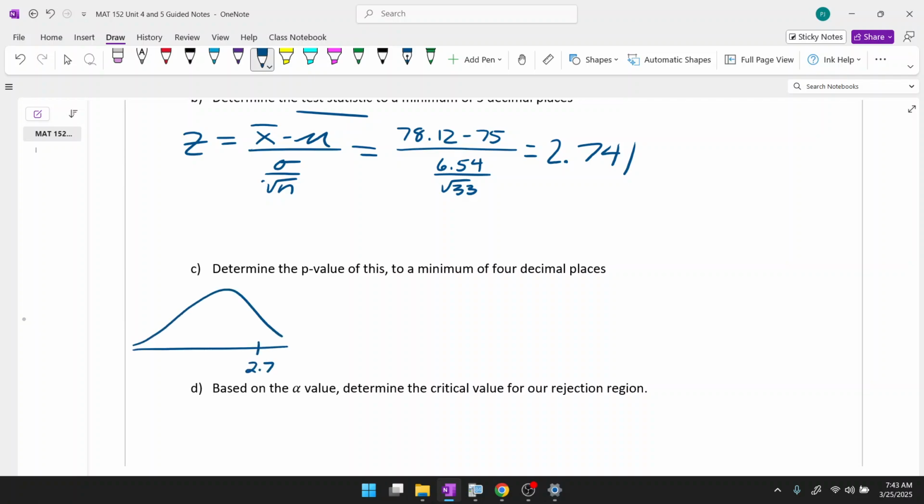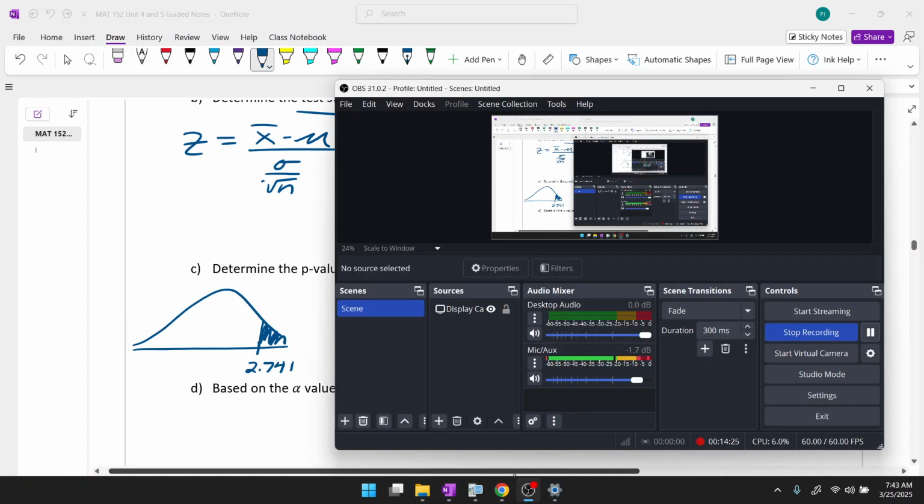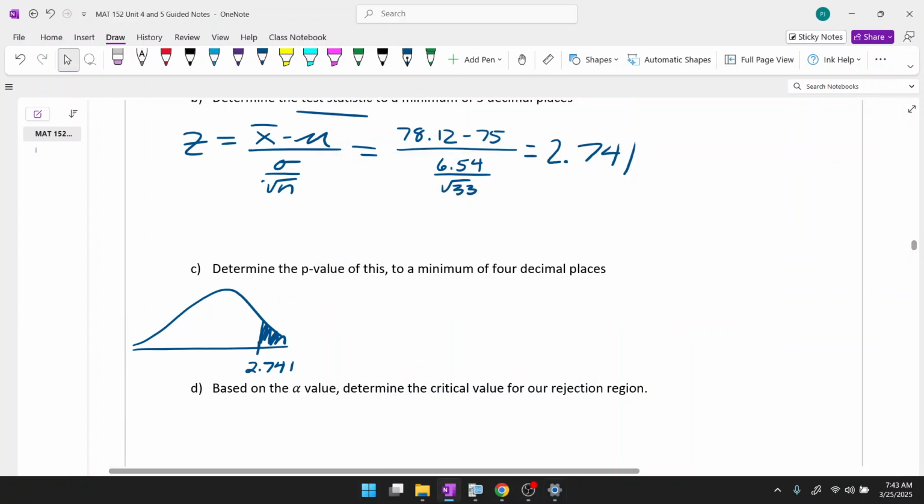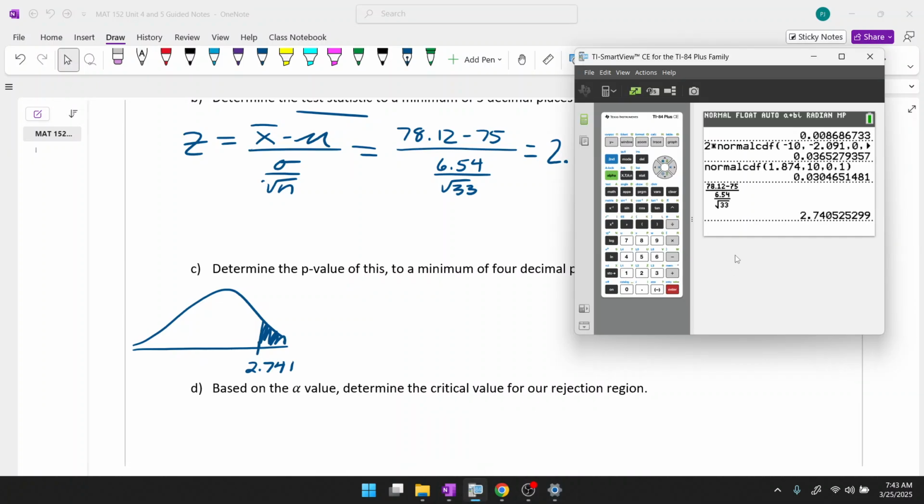This is obviously a right-tailed test, and this drawing's not the best looking thing in the world, but it'll do. So what you're going to do here is normal CDF from 2.741 to 10, and we get 0.0031.